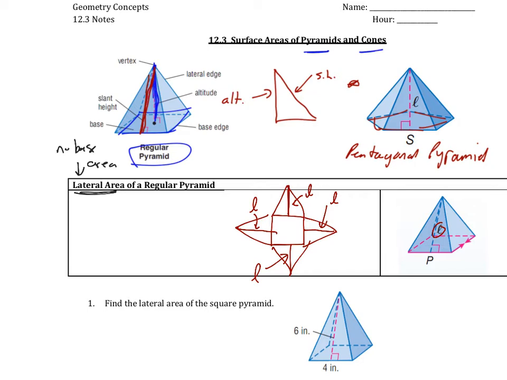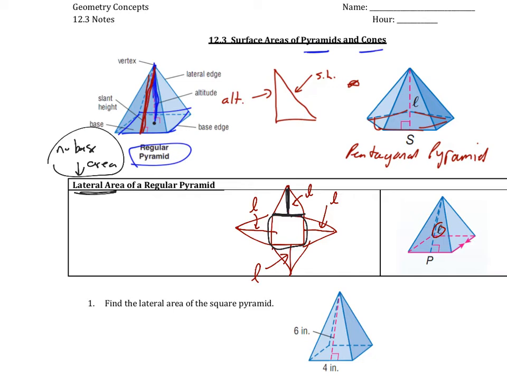Okay, so I take the area of the lateral sides, but no bases included in here. So I'm basically taking this side times my slant height divided by 2, times 4. Okay, let me say that again. I've got this edge here times my slant height divided by 2. All right, but then I multiply it by 4.